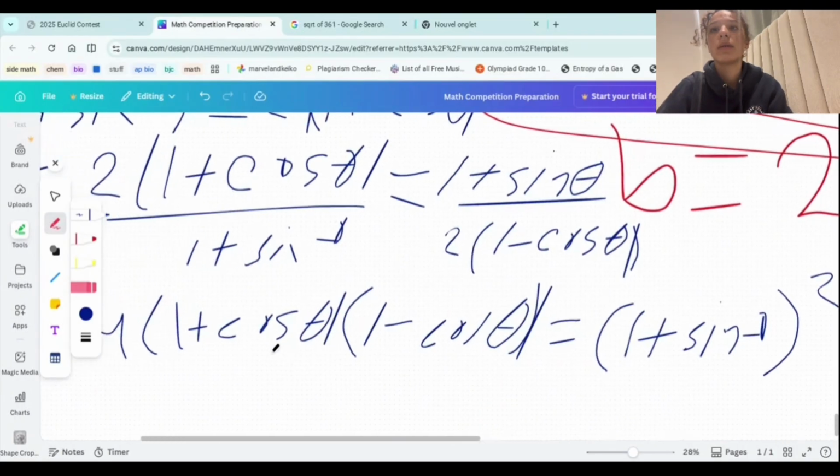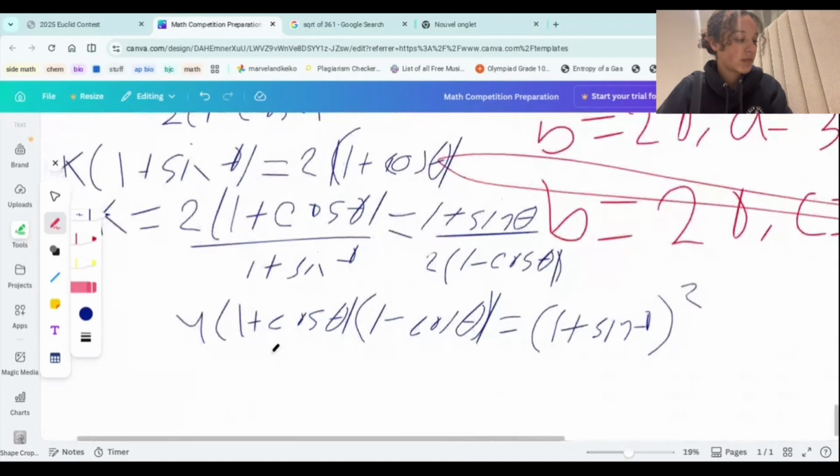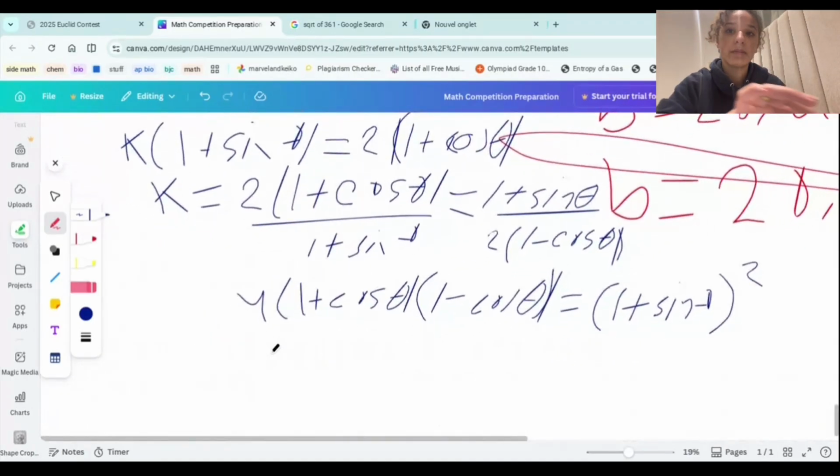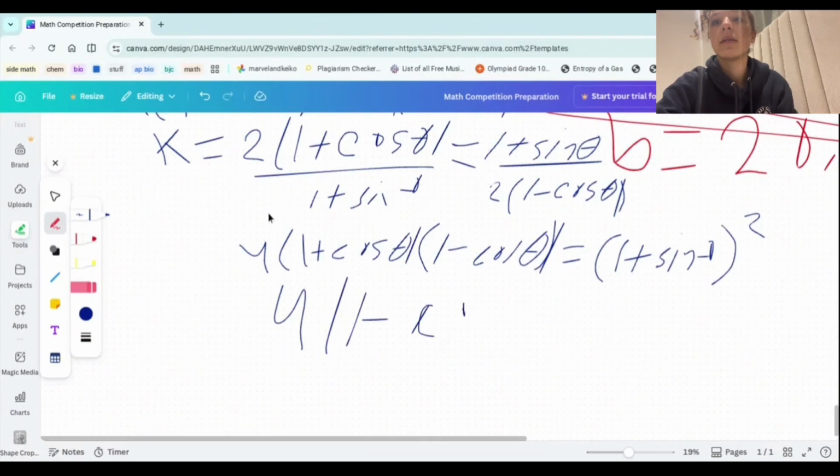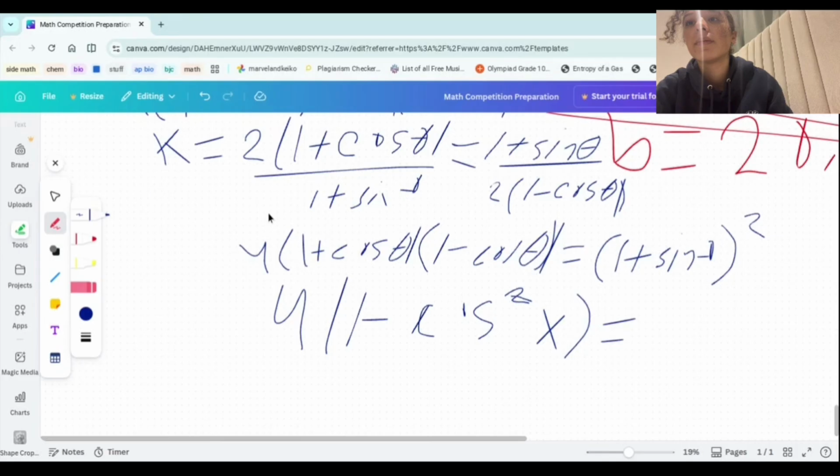Okay. So, 4 times 1 minus cos squared theta, oh, this is so glitchy, I actually can't do this. Anyways, 4 times 1 minus cos squared theta is equal to 1 plus sine theta.